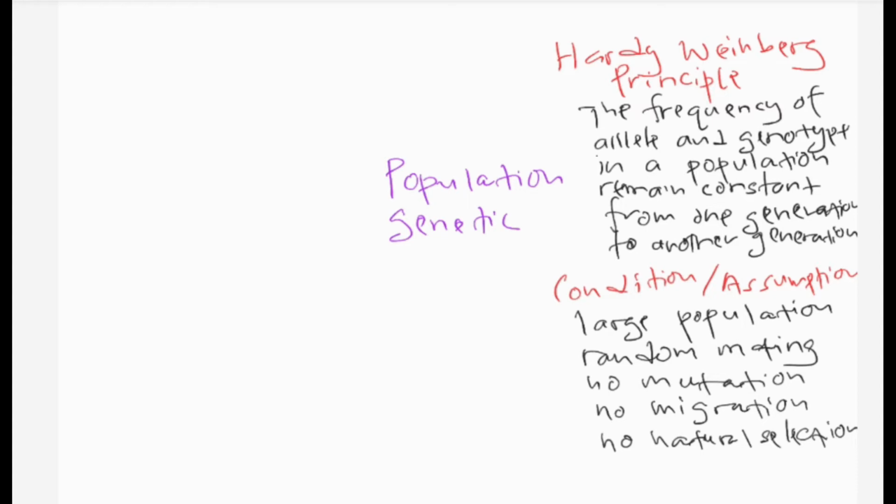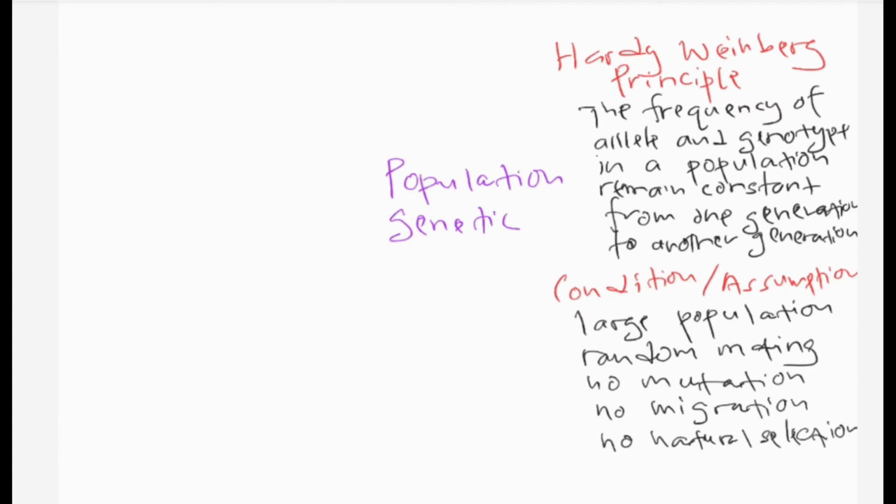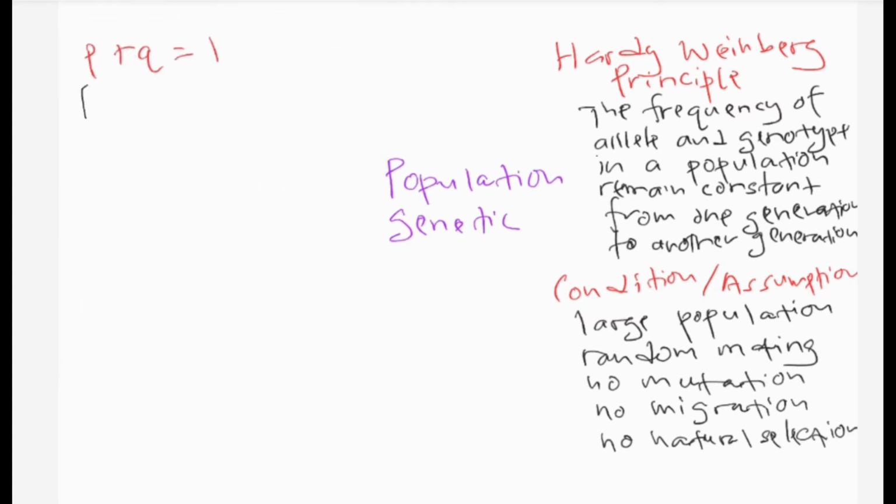Next is Hardy-Weinberg's equations. There are two. The first one is p + q = 1. What is p? P represents the frequency of the dominant allele.